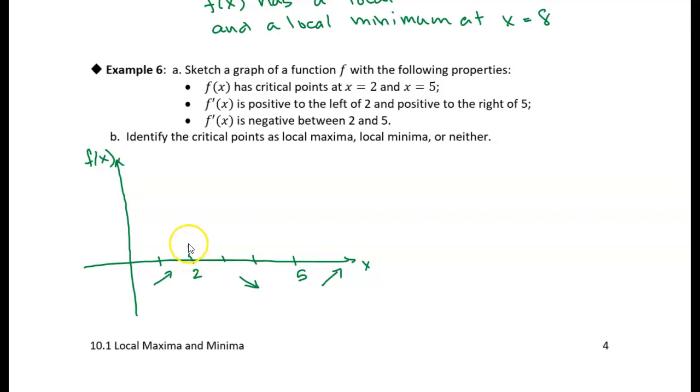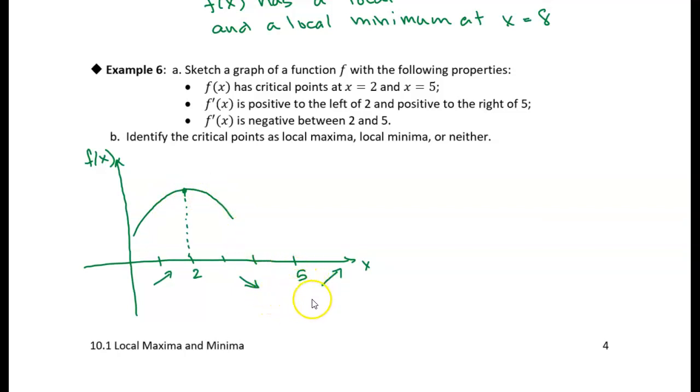We have to guess at a value, right? Let's say that the value is there. That's the value of f, the original function at 2. So the function has to be increasing and then decreasing around that point.